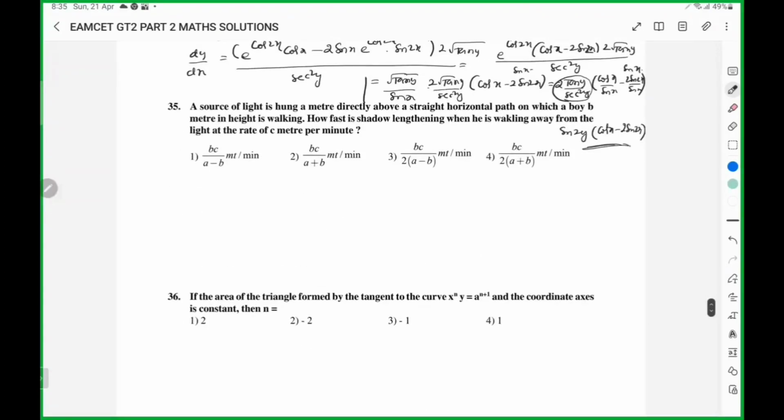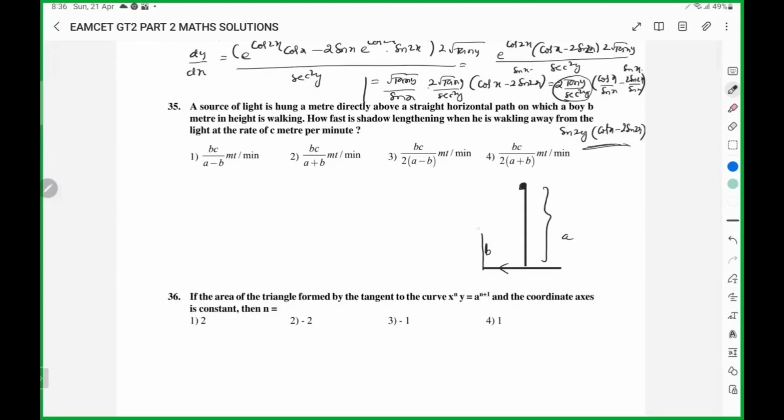Here a source of light is hung at A above a straight horizontal road. A boy of height B meters is walking.